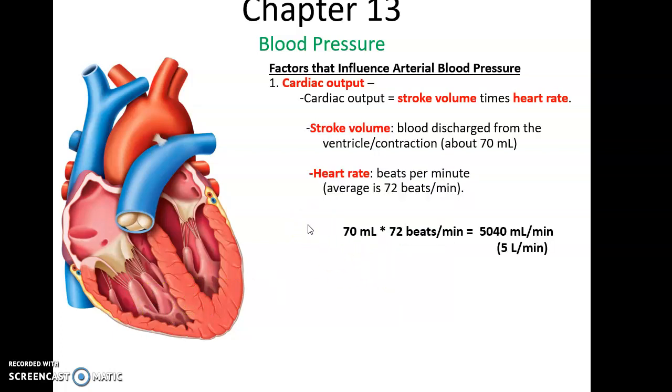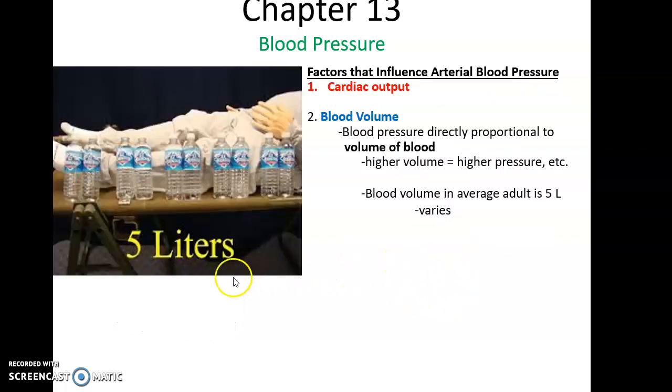And the heart rate, on average, for the average person is 72 beats per minute. So 70 milliliters times 72 beats per minute equals about 5 liters of blood moving through your heart, through your body every minute. Turns out that is what our average blood volume is. So every minute, all of our blood is being moved throughout our body.